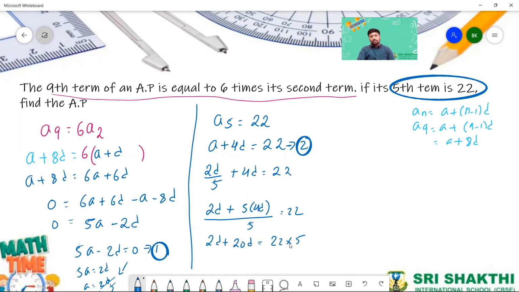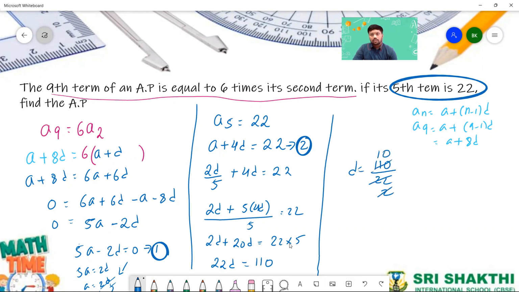So 22d is equal to 22 times 5, which is 110. Now d is equal to 110 by 22. 11 twos are 22, 11 tens are 110, so 2 fives are 10. I got the d value as 5.